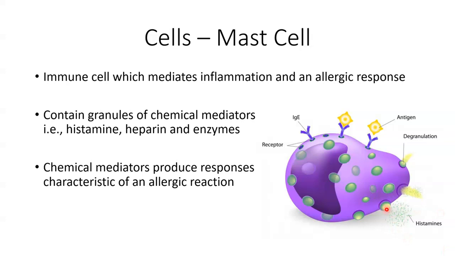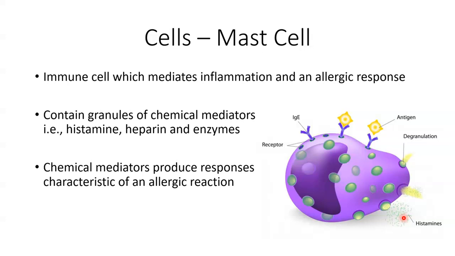So you can see in the image down here, these green parts are our granules. They're containing the chemicals, so for example, our histamine. When that cell comes into contact with an antigen, which is an allergen, say this part here, it causes degranulation, which just causes that granule to spit out its contents into the extracellular fluid.